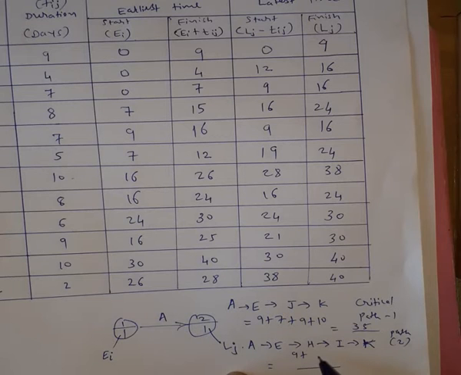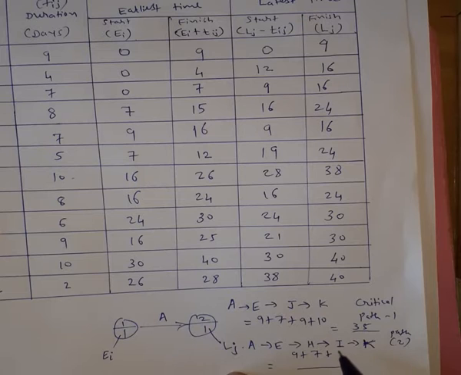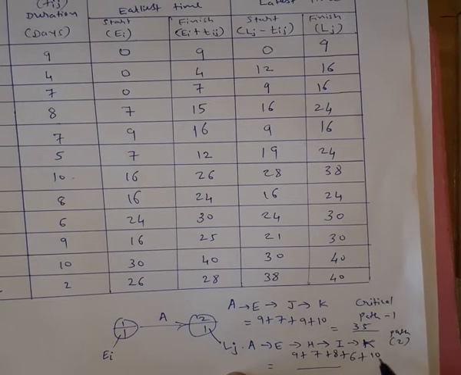For activity E, it is 7. For activity H, the time duration is 8. For I, it is 6, and for K, it is 10. So now doing the summation of this, 9 plus 7, 16, 16 plus 6, 22, 22 and 8, 30, and 10, 40. So this project duration is 40 days.